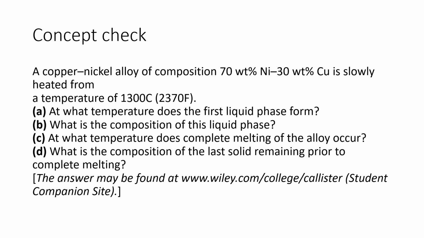And at what temperature does complete melting of the alloy occur? What is the composition of the last solid remaining prior to complete melting? The answer may be found at this website mentioned by Celester. This is your home assignment.